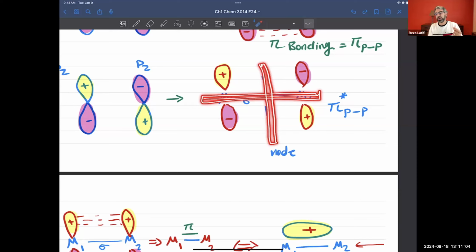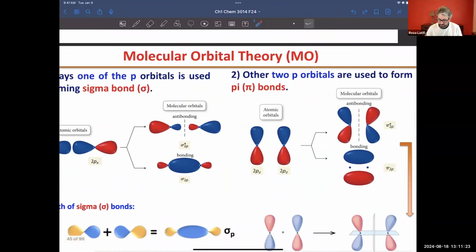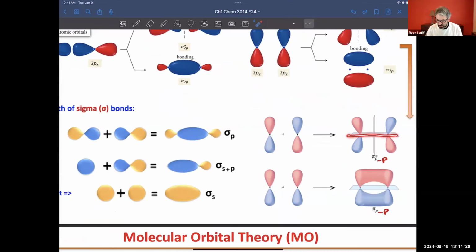The more nodes you get, the less useful the interaction will be; it will be a weaker interaction, and it might be almost equal to 0. So for pi star I have two nodes, while for pi I have only one node. Which one is going to be more useful? Of course, the pi bonding.